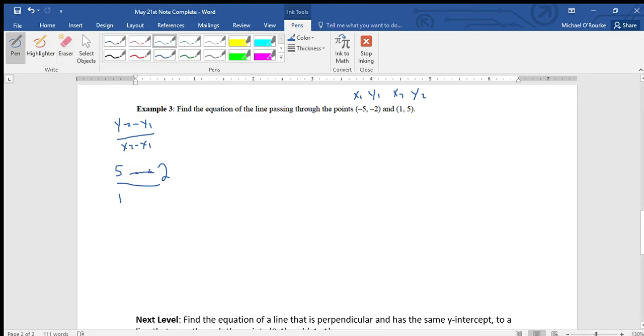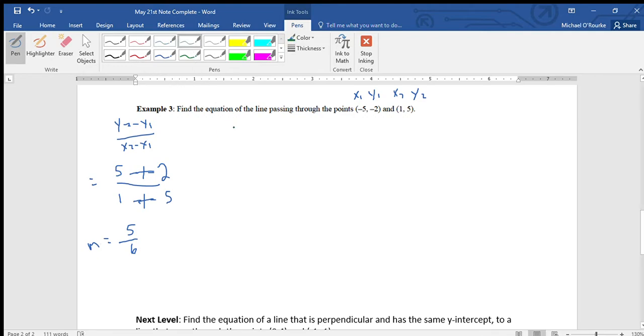Therefore, if they're together, I just join them, make a plus right away. This is minus -5, so it's going to be like that. That's a really ugly fraction of 5/6. Okay, so that is our m value.